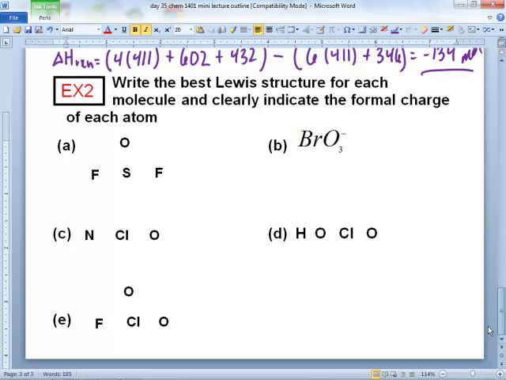Do your best. And once you've done your best, do formal charges to see if you can improve your answer. So what are you getting as a total? 26? I see a lot of 26s. So hopefully you're working with 26 electrons.